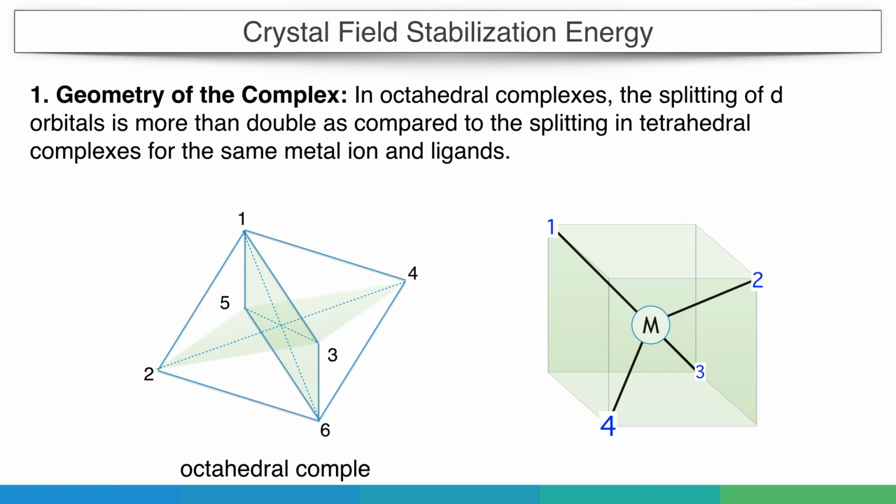Also, in octahedral complexes, the ligands are situated exactly in the direction of the dz2 and dx2-y2 orbitals, while in tetrahedral complexes, the ligands are not directed at any of the d orbitals. Second, nature of the ligands.